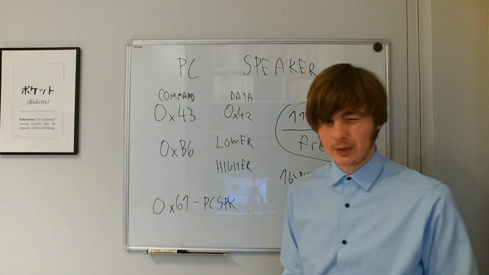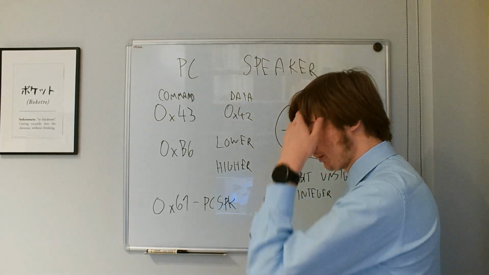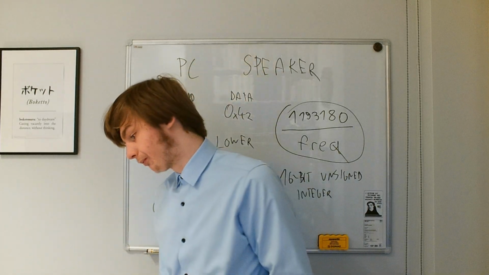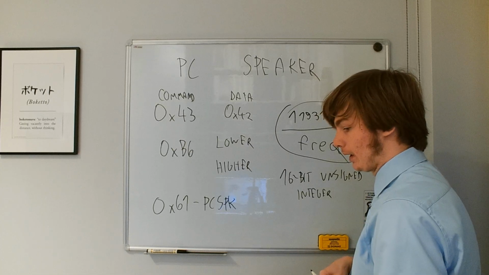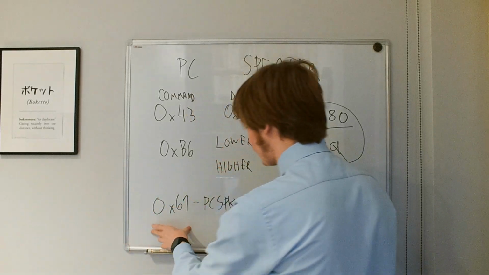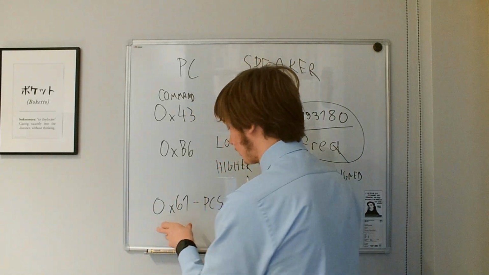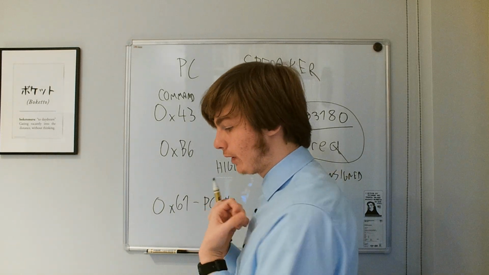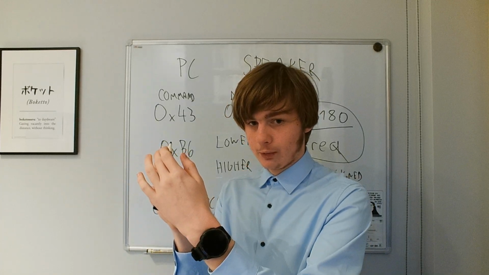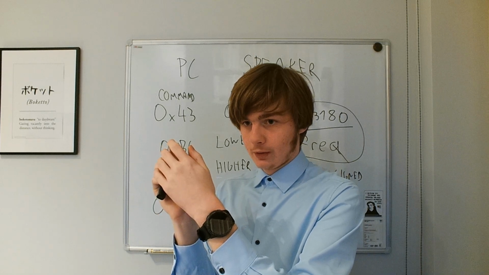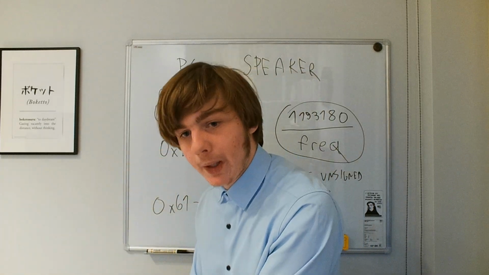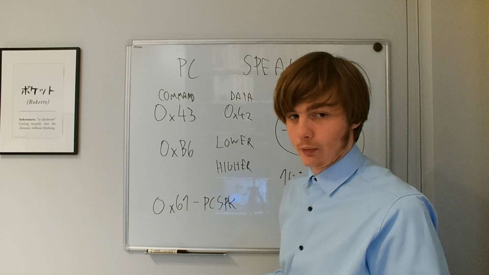It's a relatively weird mechanism, but the way that you make it play sound is by first obtaining a byte from this port, and then you OR it with the number 3. That is going to make the last 2 bits equal to 1. And then you send back the byte that was ORed with 3.